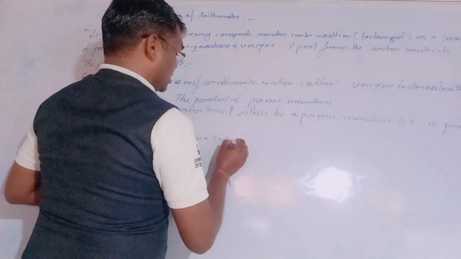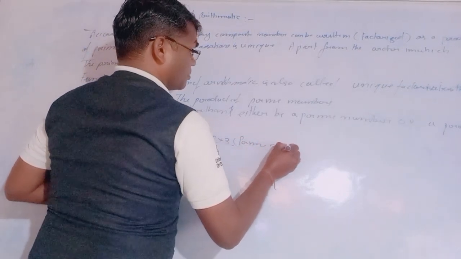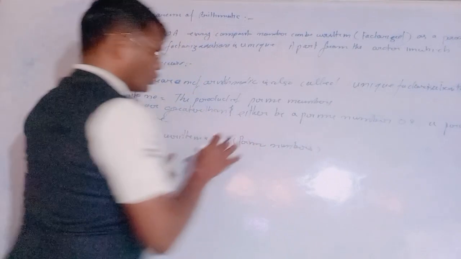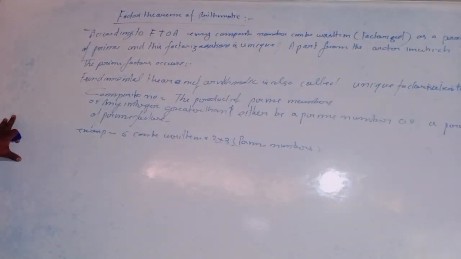The prime factors can be found by the division method, in which we divide the number by prime numbers, or by the factor tree method.